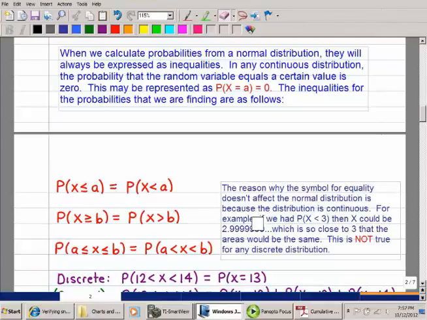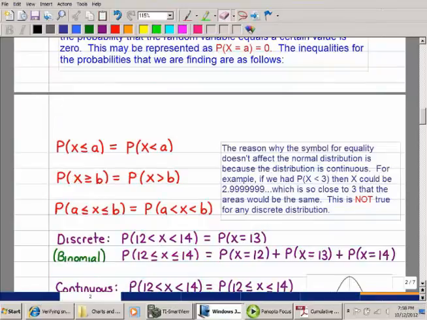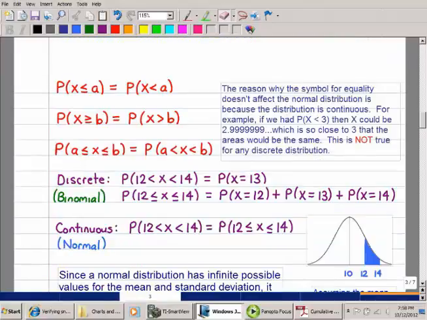Now note, this is certainly not true in any discrete distribution, including the binomial distribution. There's a huge difference between less than and less than or equal to. But in a normal distribution, there is absolutely no difference whether you have the equal there or not. So, for example, greater than 2 or greater than or equal to 2 would be the exact same calculation. Now here's an example.